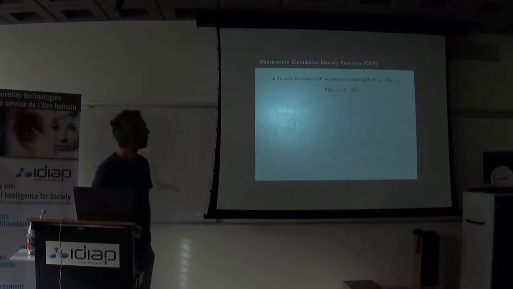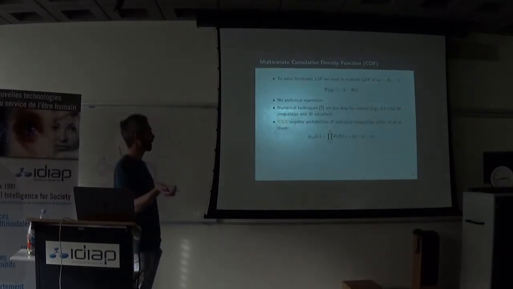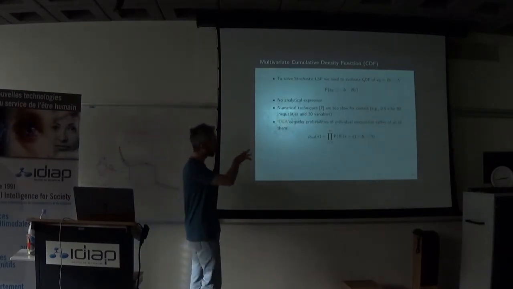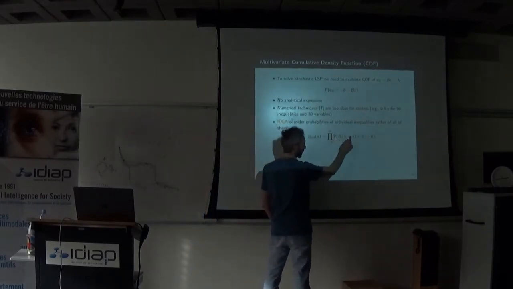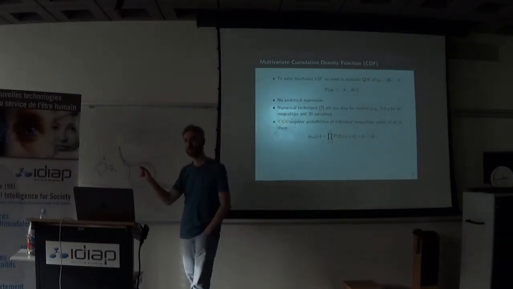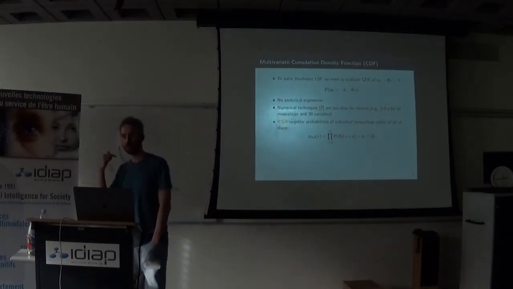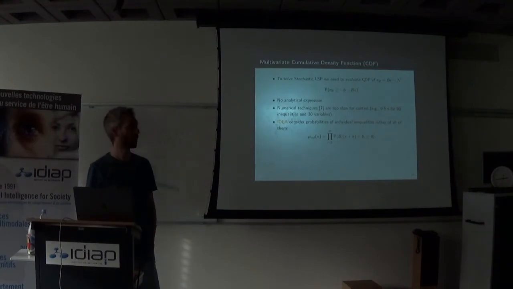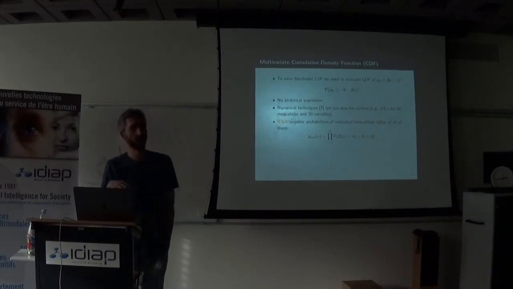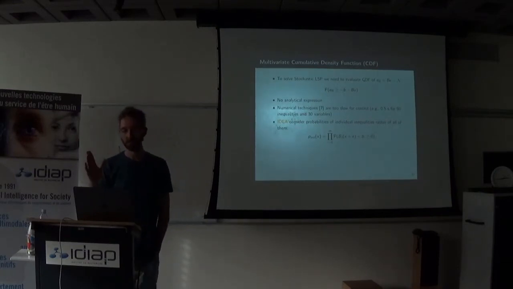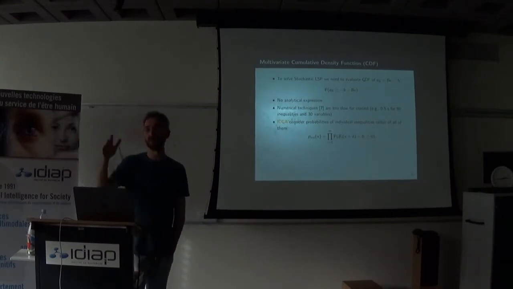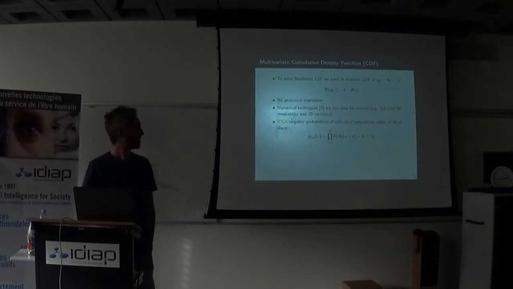And the idea is that we can approximate it with the product of the probability of the single inequality constraints. So it comes back to assuming that the inequality constraints are independent of each other, which is not true, but it's not too far from being true.